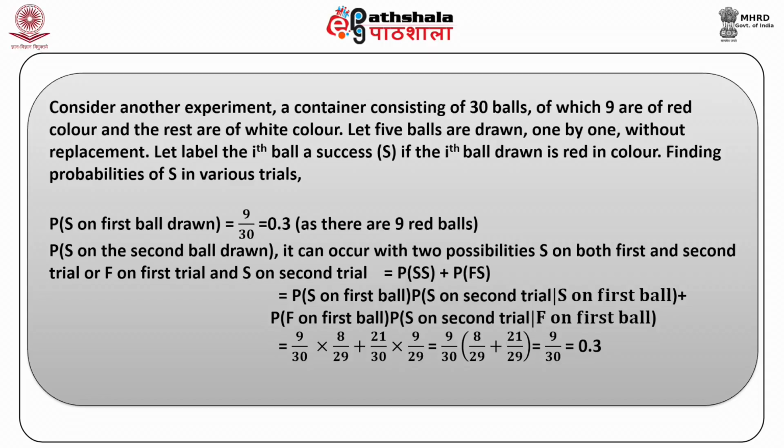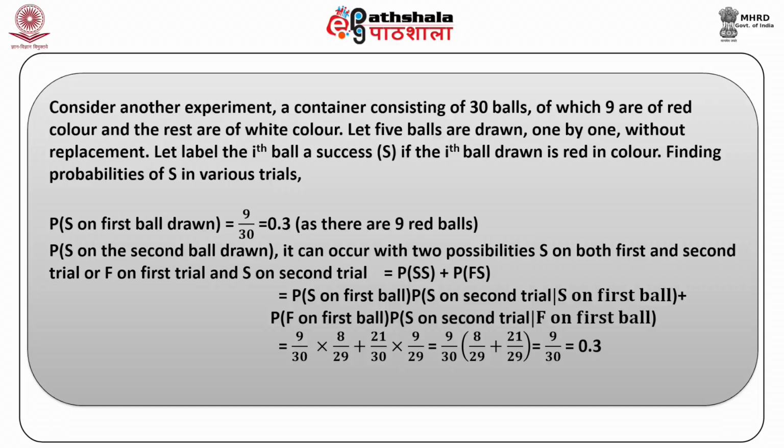If not, let us label it as a failure F. Now finding probabilities of S in various trials, we can write down that the probability of S on the first ball drawn is equal to 9 upon 30, which is equal to 0.3, as there are only 9 red balls out of the 30 total balls.